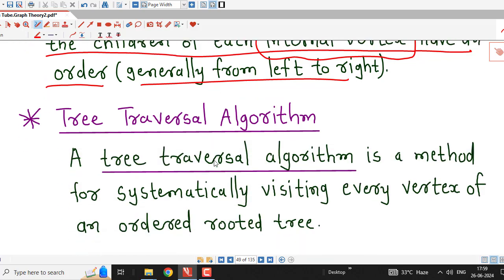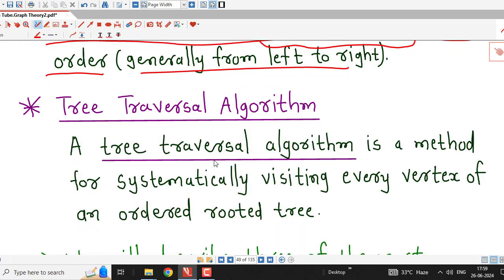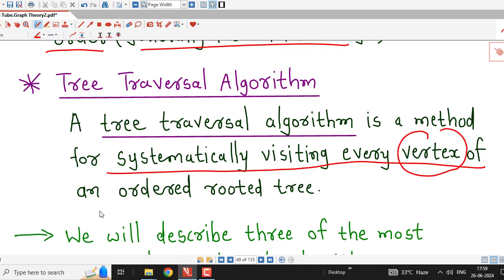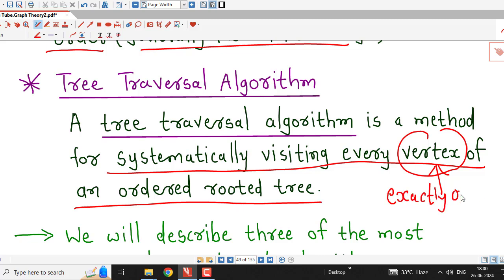Now what is a tree traversal algorithm? A tree traversal algorithm is a method for systematically visiting every vertex or node of an ordered rooted tree, exactly one time or exactly once.